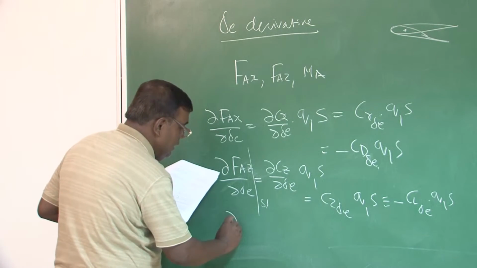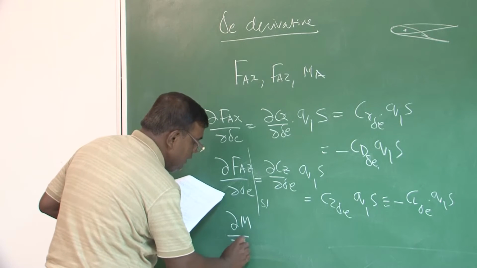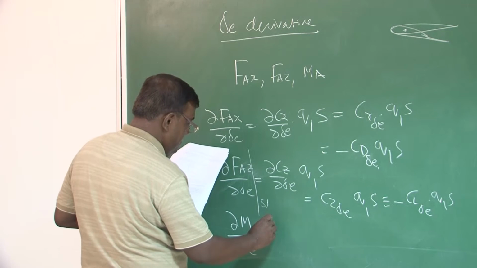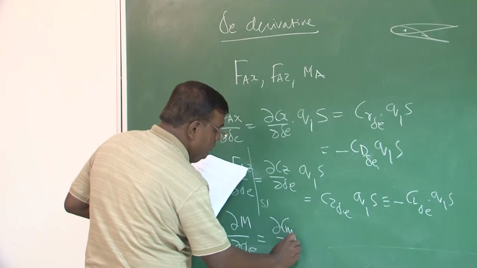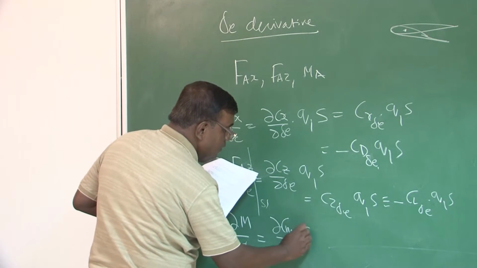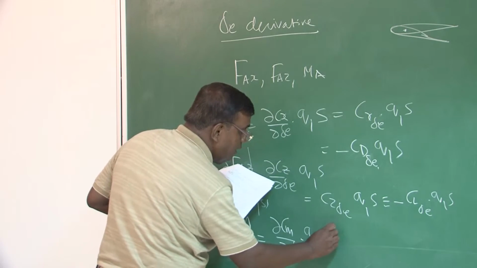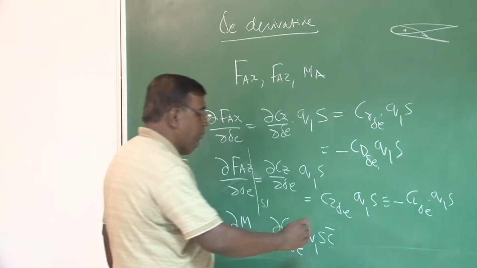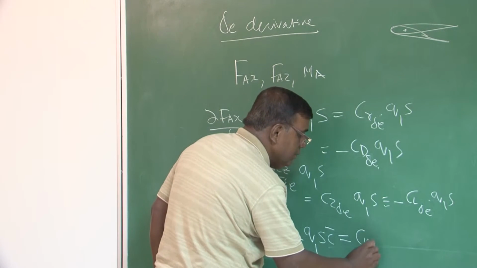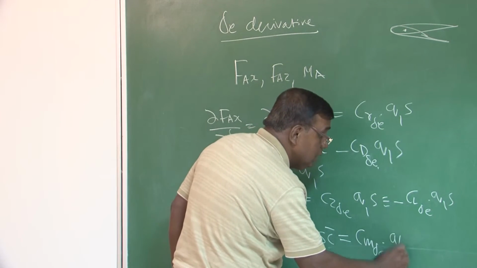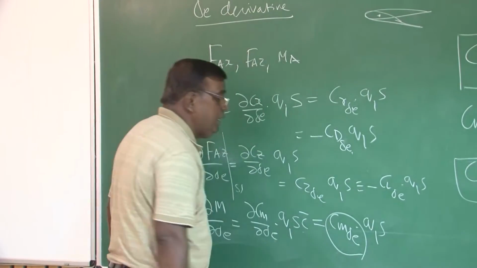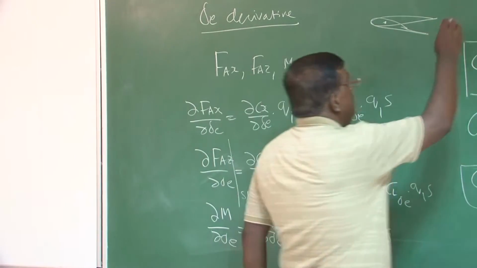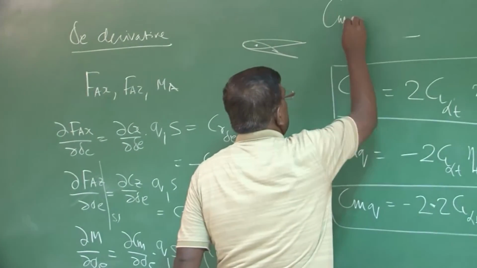Similarly, if I write dM by d delta E, this will be dCm by d delta E into Q1 S C bar, and this is a very popular, very strong derivative, Cm delta E Q1 S. And what is Cm delta E? You know, it is the elevator control power. Okay? And we have already derived that expression in the last module.